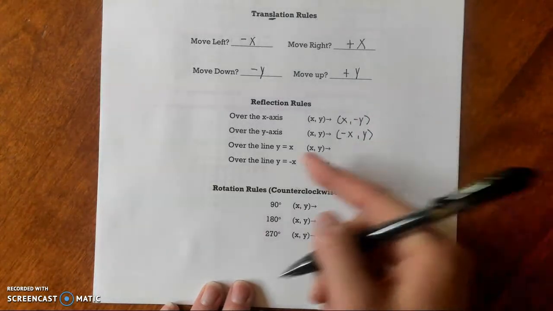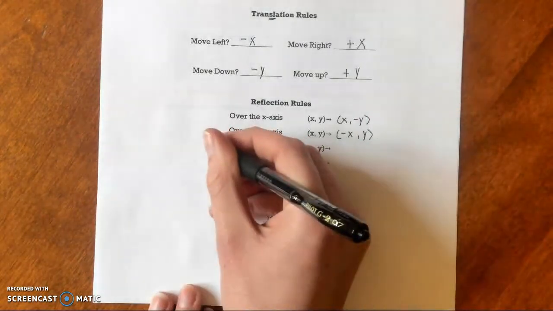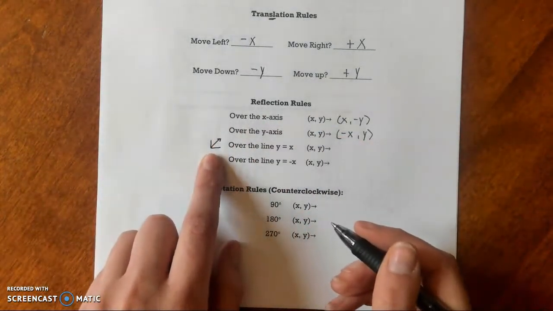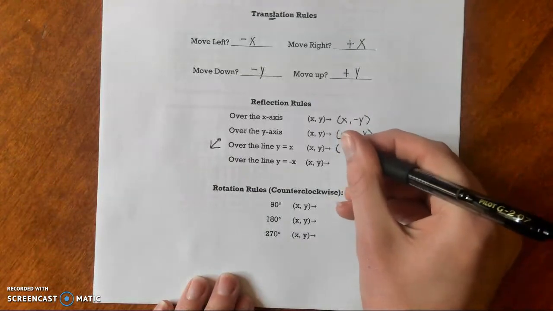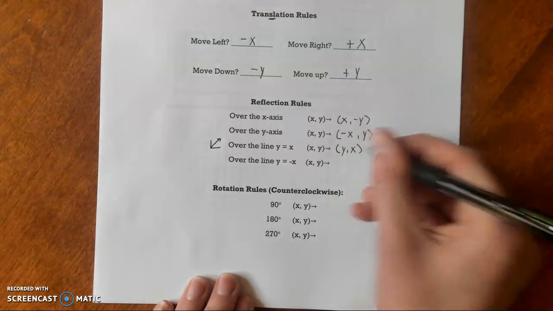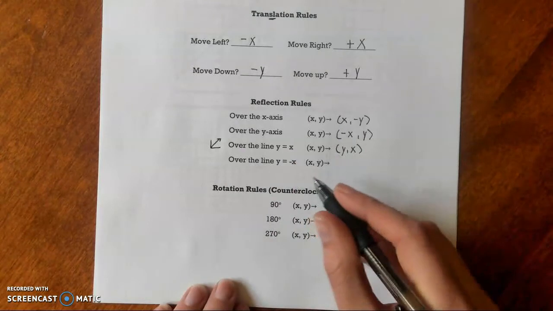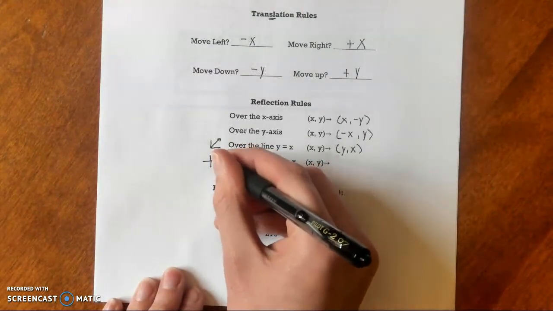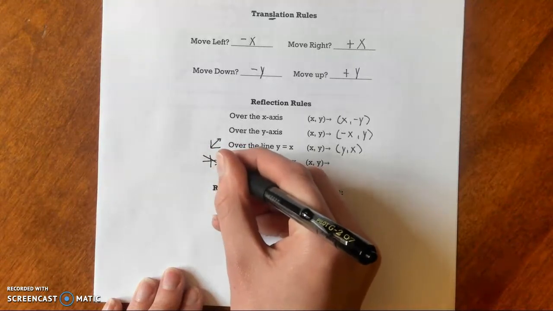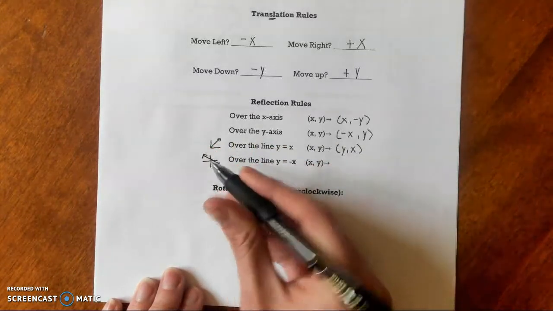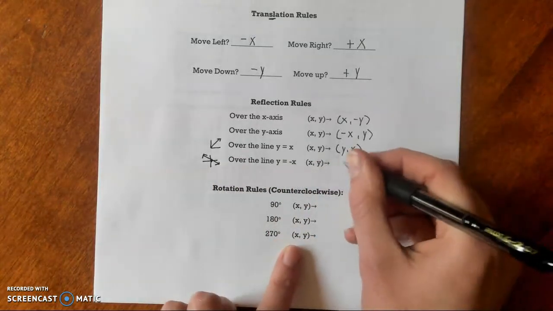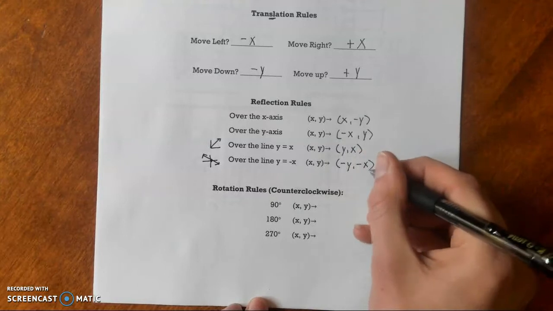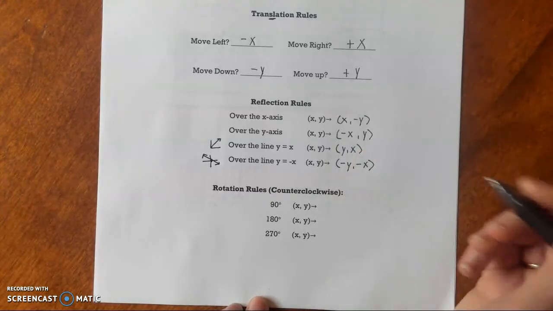And then over the line y equals x, I'll draw a little picture for that. That's a positive sloped line. You switch the numbers, switch them, and then over the line y equals negative x, that's our negative sloping line that goes through the origin. You flip the numbers and you change the sign.